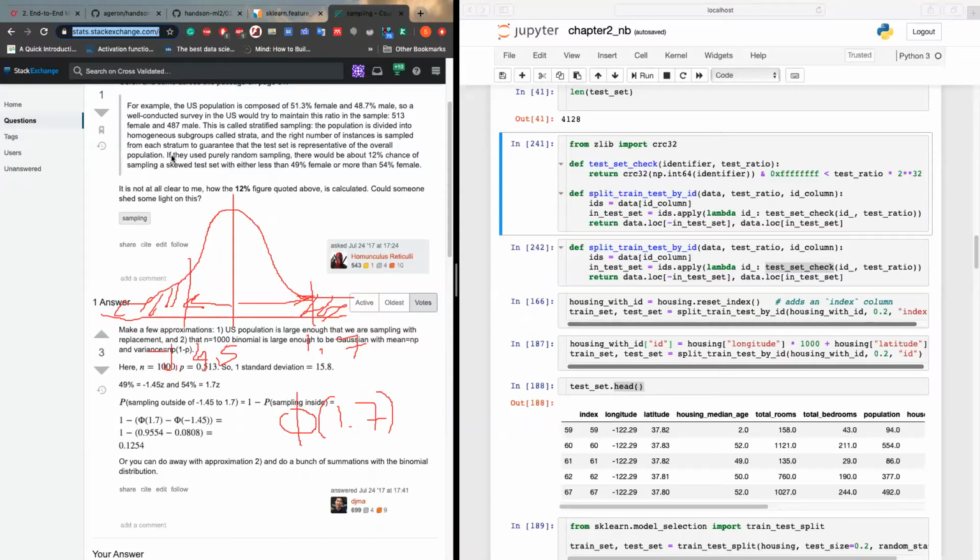Phi of 1.7 is this piece, and phi of minus 1.45 is the piece on the left. That's the logic. To get the area outside the curve, you take the whole integral, which is 1, and subtract this piece, and that gives you the other. So that's that.